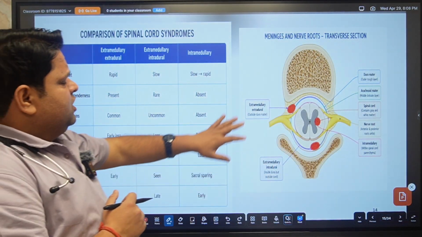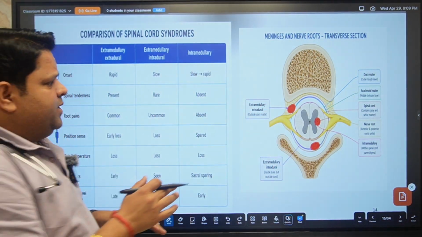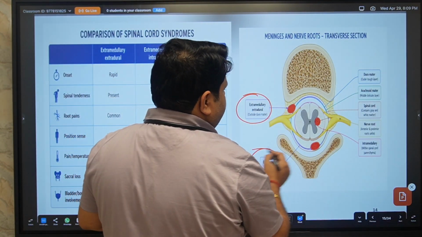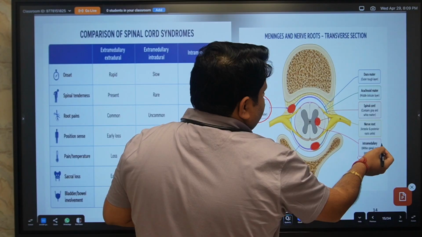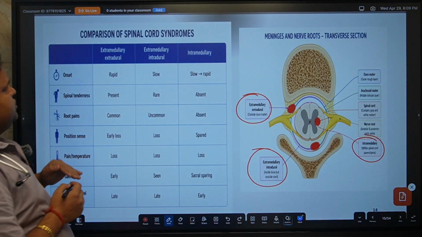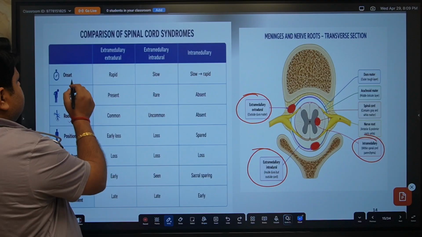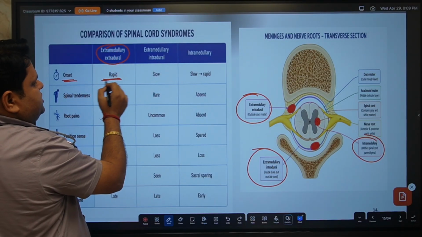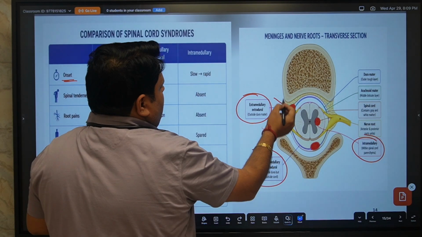So again we have compressive myelopathy. There are three types of lesions: extramedullary extradural, extramedullary intradural, and intramedullary. So these are the differentiating features of all these three. First is the onset. Extramedullary extradural usually has rapid onset because there is compression from outside.